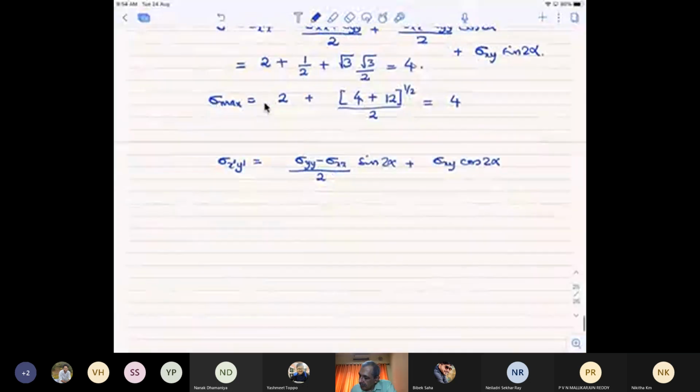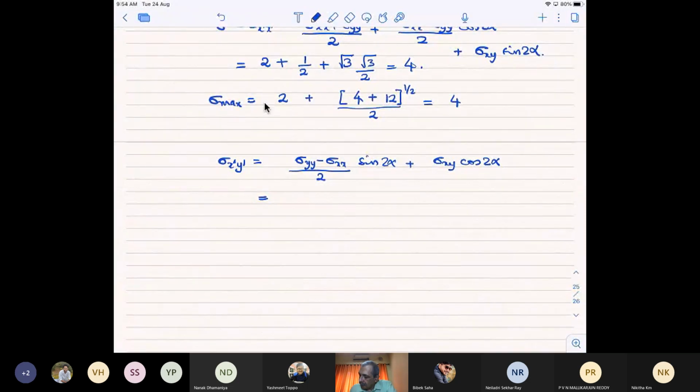Now let's substitute for these. So we have this equal to 2 minus 1 divided by 2. So this becomes minus root 3 by 4. And then here you have plus sigma xy, which is root 3. This is 3 minus 1, that is, root 3 by 2.